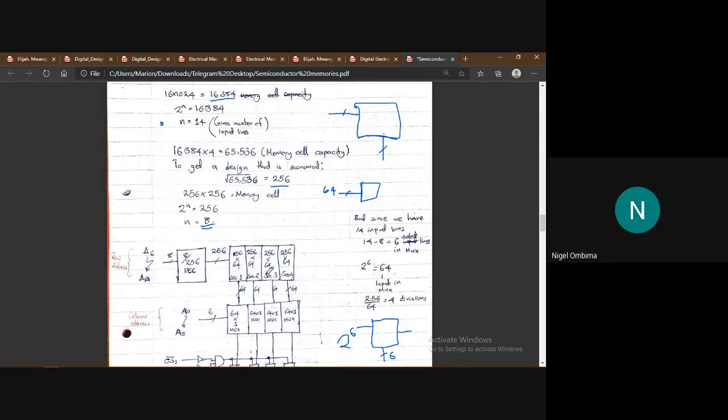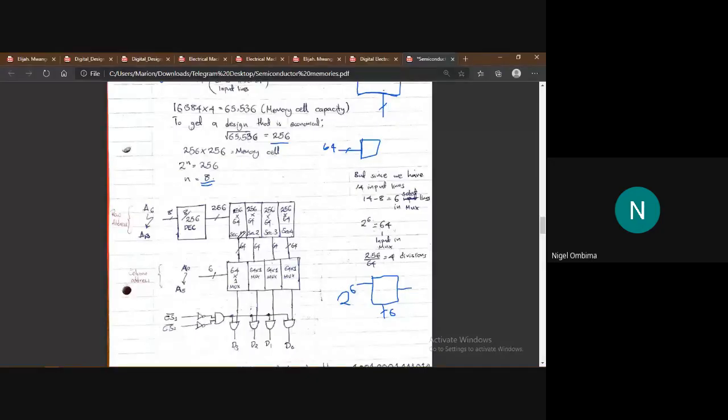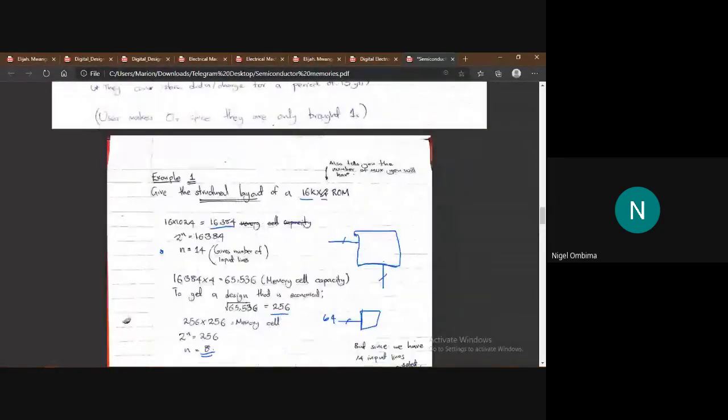We just take the number of columns divided by the input of that multiplexer that we found, such that it equals 256 divided by 64. Then we get 4, which gives us the 4 multiplexers. Okay, that's a long method, but it will help you as you keep practicing it.